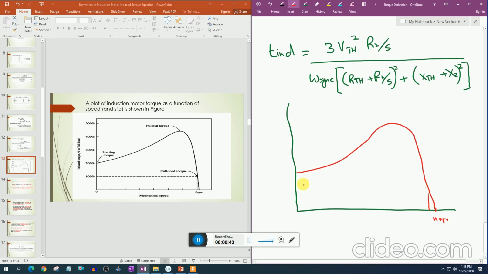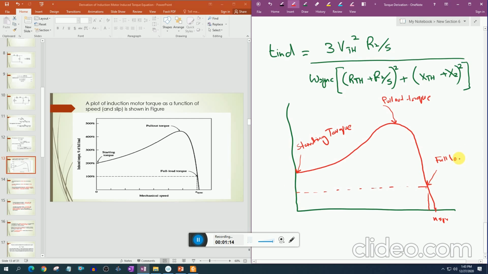This is the full load torque. This is the maximum torque, which is pull out torque. This one is the starting torque, and you can see from this figure that the starting torque is higher than the full load torque. So the motor can start at full load.